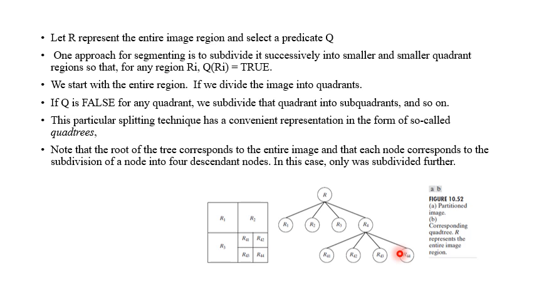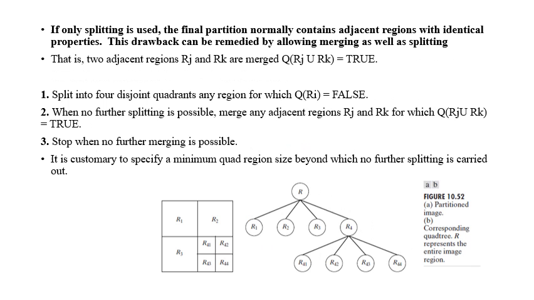By now you also understood what is meant by region merging. We split based on some predicate, and till the predicate becomes true we keep subdividing. But we should understand that just splitting is not sufficient, because the final partition will normally contain adjacent regions with identical properties. For example, R41 or R42 and R2 may belong to one particular segment.